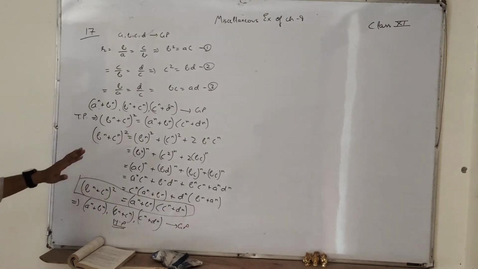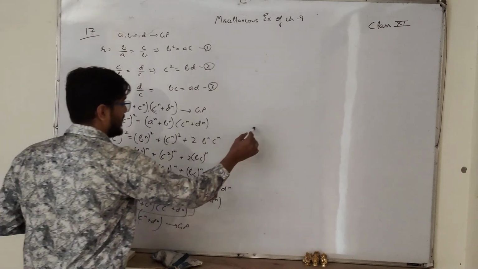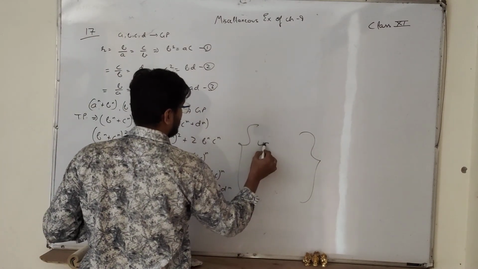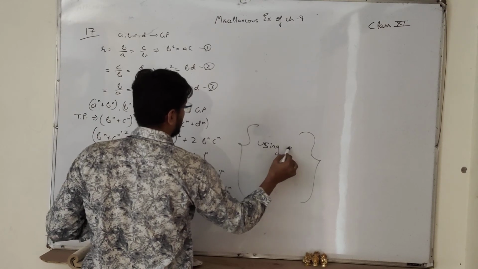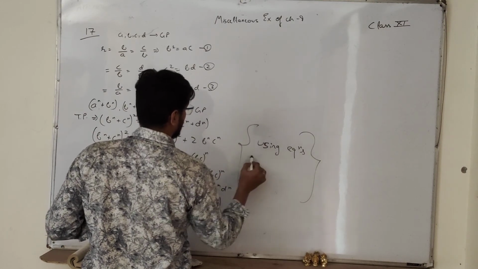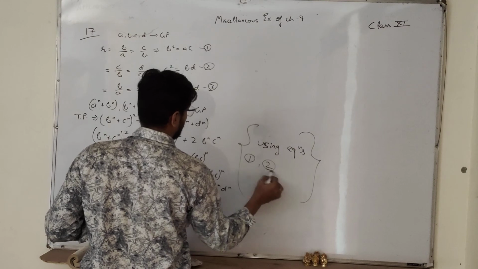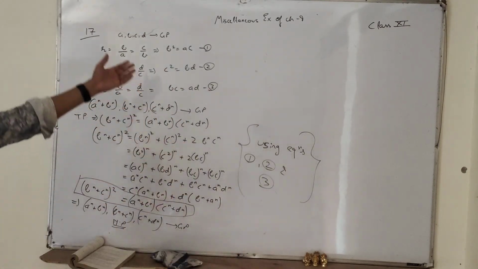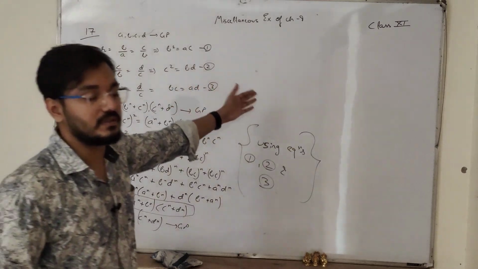Very easy, right? We have done nothing. Here we will write reason using equations 1, 2 and 3. So in these steps we have used these equations 1, 2 and 3.